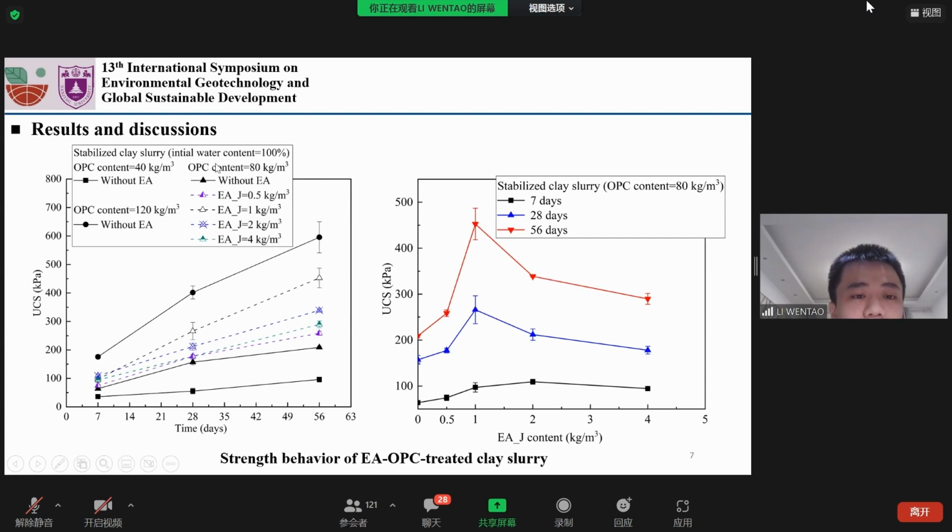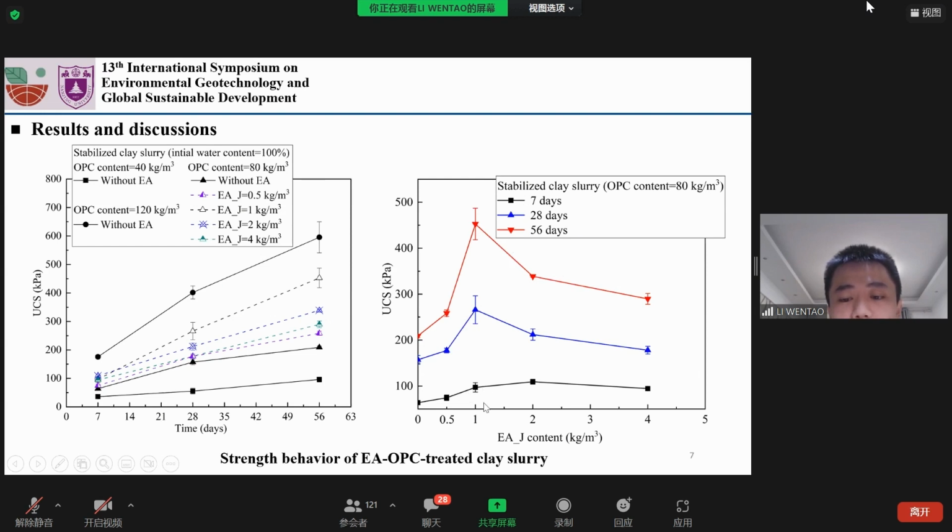When the OPC content was 80 kilograms per cubic meter, we added the expansive agent to this OPC and also tested its strength behavior. As can be seen in the right picture, the addition of expansive agent can significantly enhance the strength of the OPC stabilized clay slurry.